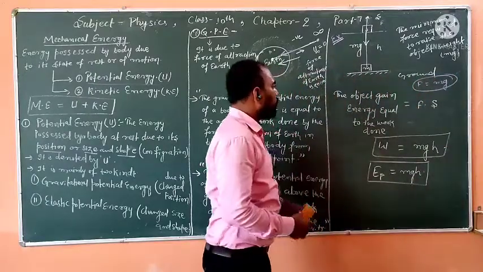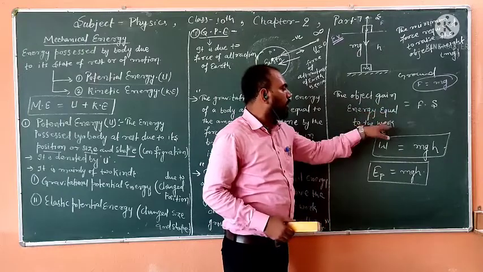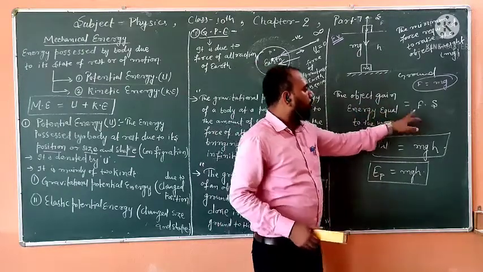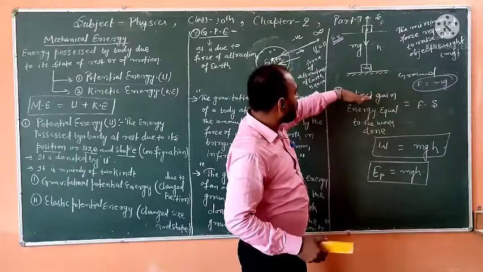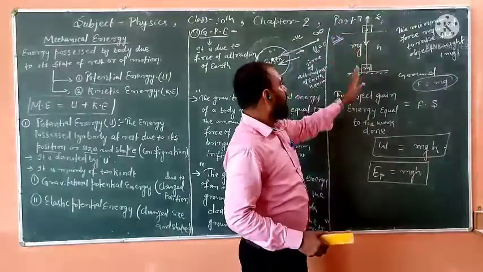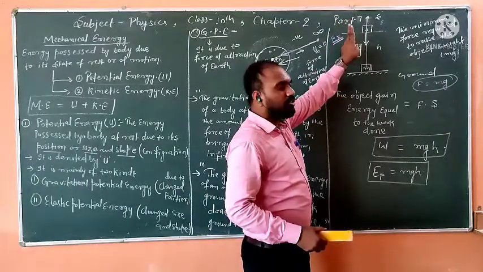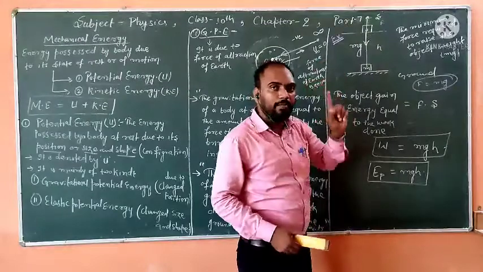Okay. So the object gains energy equal to the work done. As I am lifting the object upward, the force is in the upward direction and the displacement is also in the upward direction, so the angle between the force and displacement is 0.